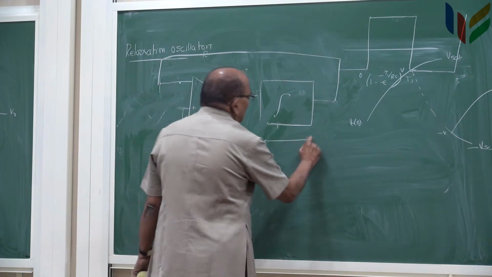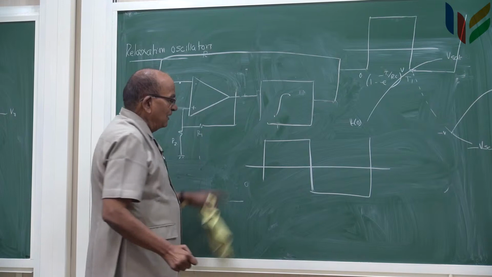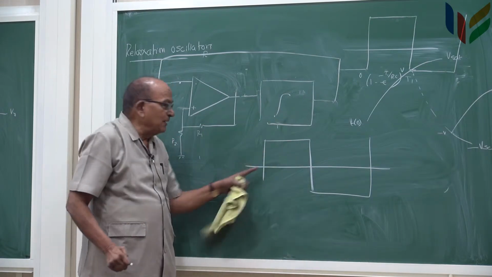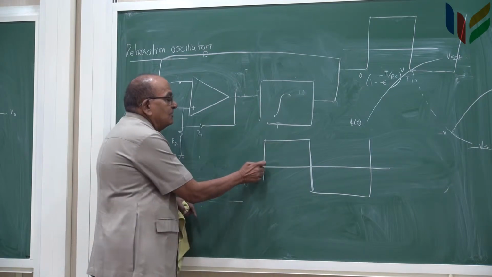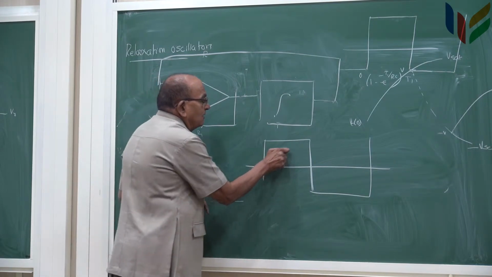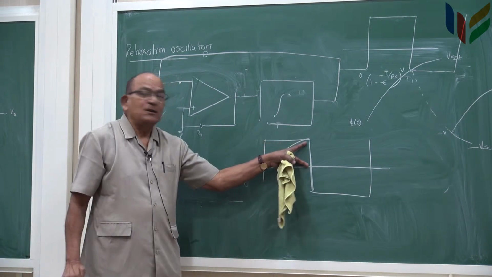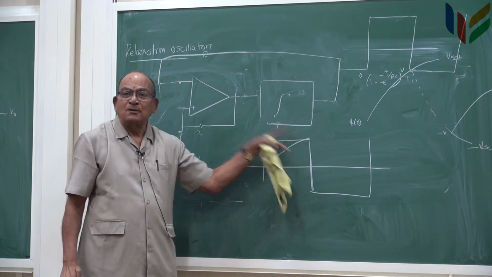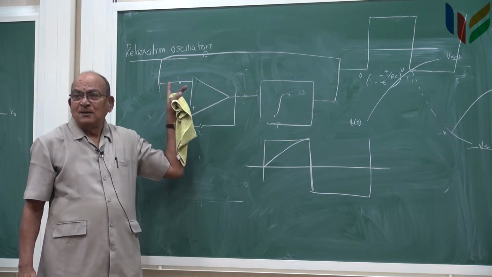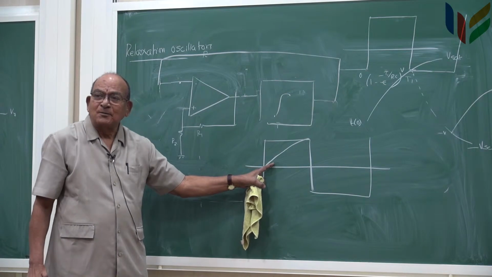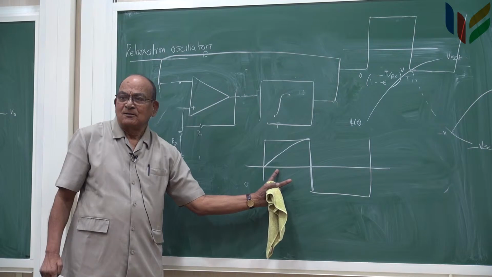If this is my square wave, when I integrate it to make it into a ramp, it reaches this point at this T1, and this voltage it has reached at this point must be exactly equal to the switching voltage, right.